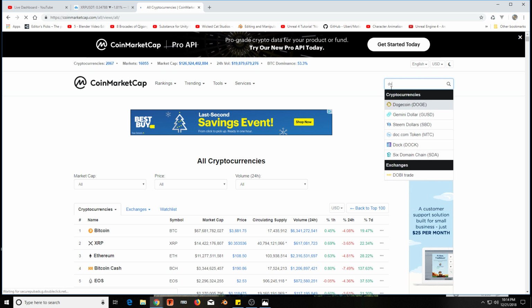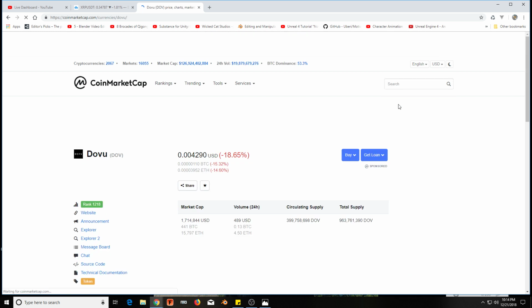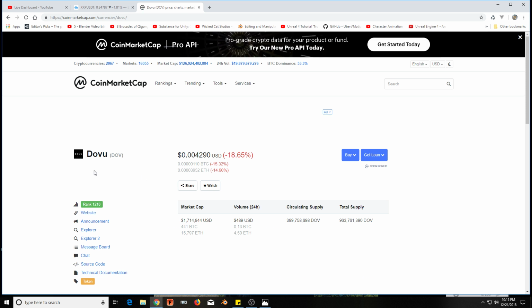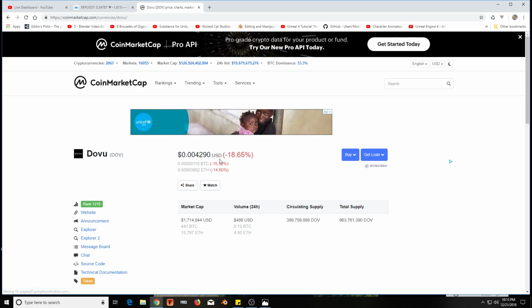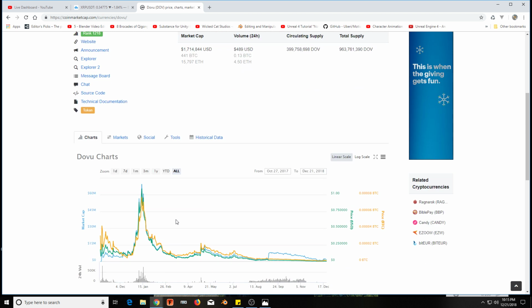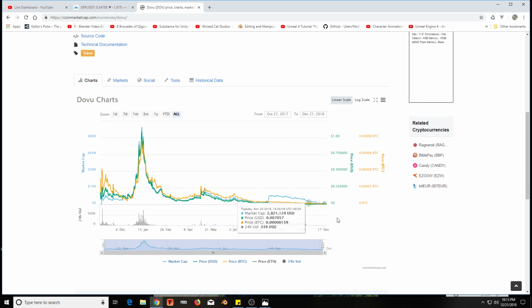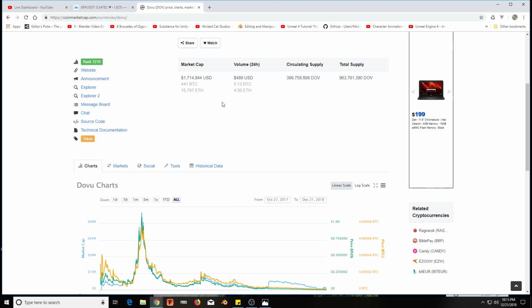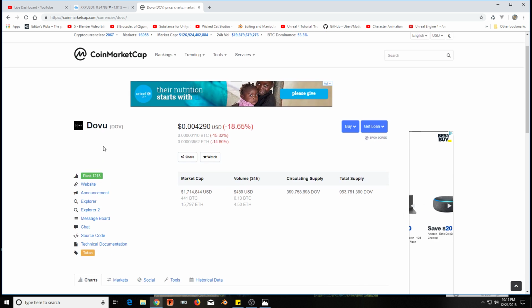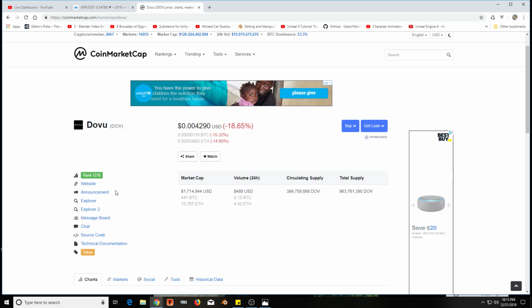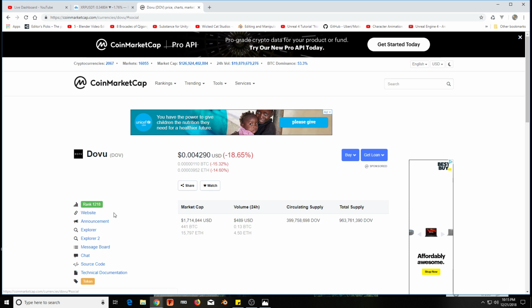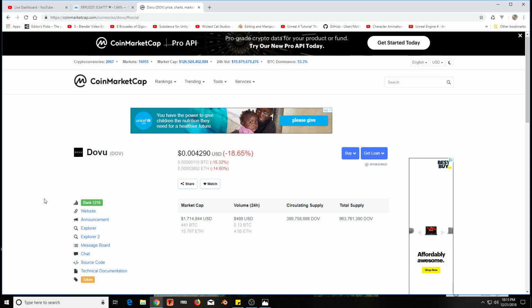Okay. Here's an interesting coin to take a look at. DOVU. Cheap. Inexpensive. Got hit pretty hard. You guys are saying, what in the hell is DOVU? DOVU is part of that mobile consortium with BMW and VeChain to get the little monitors inside of the cars.